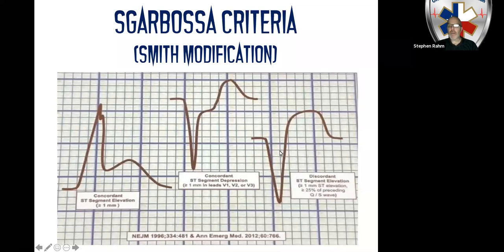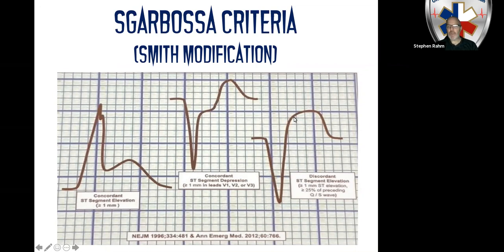And then the third criteria, the one modified by Smith, was the discordant or excessive discordance. So if we put our J point about right here and we measured the amount of ST segment deviation, I'm going to peg this right at between 3.5 and 4 millimeters. And then we measured the depth of this S wave.